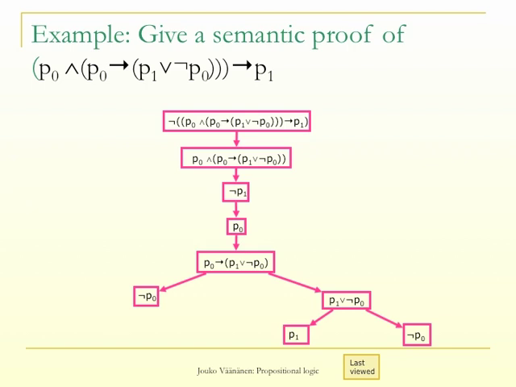Now we have reached a tree in which all branches close. The leftmost branch has not P0 and P0. The middle branch has P1 and not P1. And the rightmost branch has not P0 and P0. So this tree is a closed tree, and this tree is a semantic proof of the formula that was given.